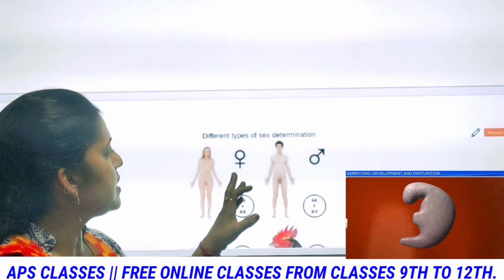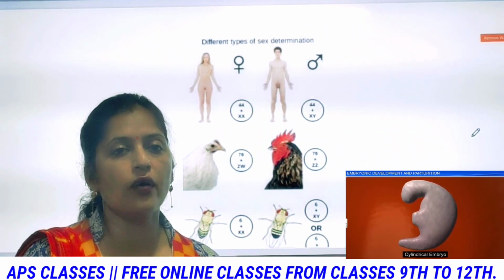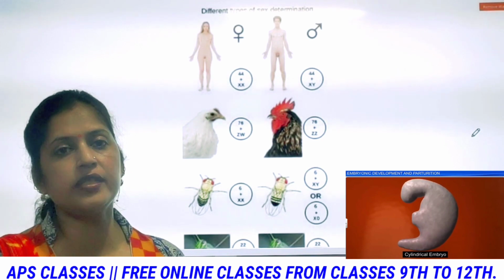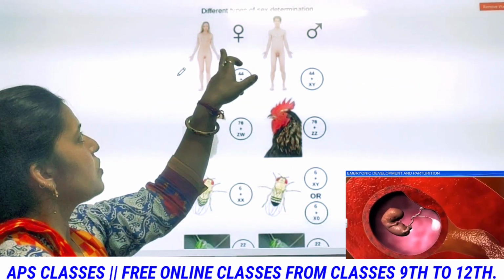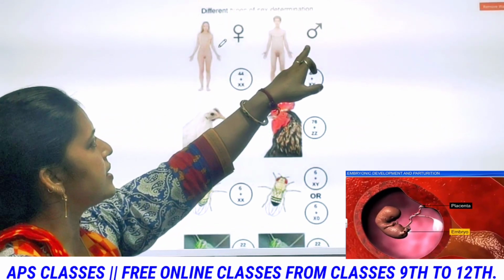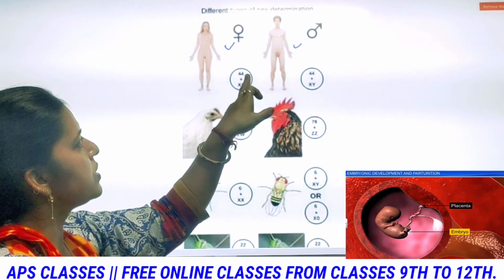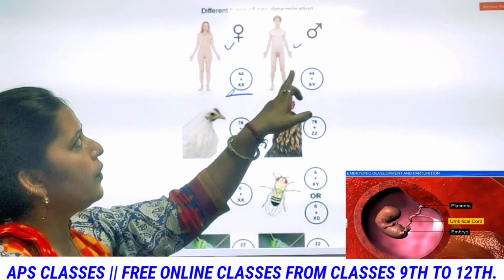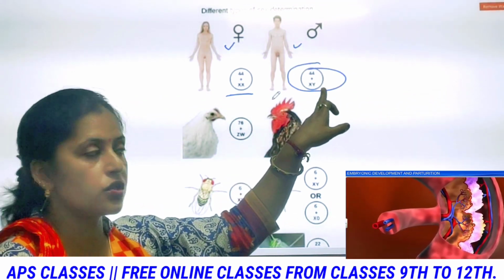Next is the diagrammatic representation of the different types of the sex determination in different types of the organisms. In case of the mammals, that is the human beings, this is the female and this is the male. In females, the sex chromosomes are 44 plus XX, whereas in case of the males, that is 44 plus XY.